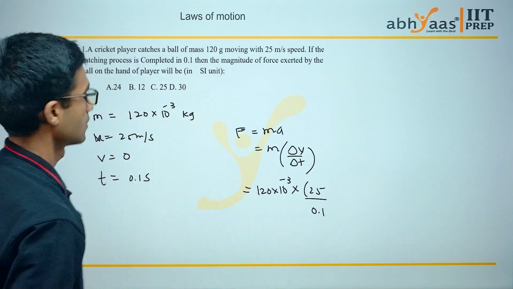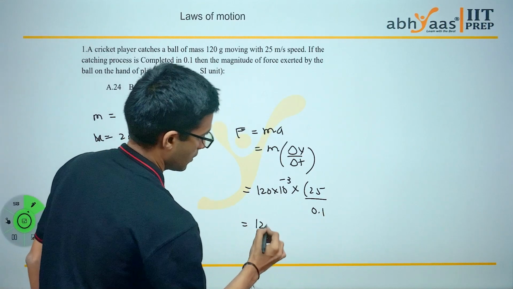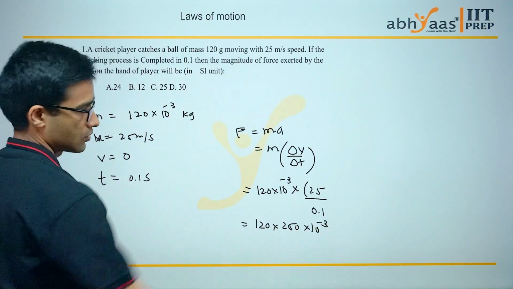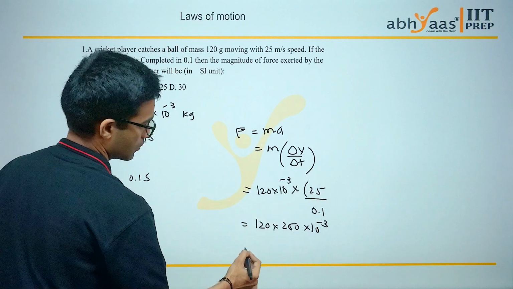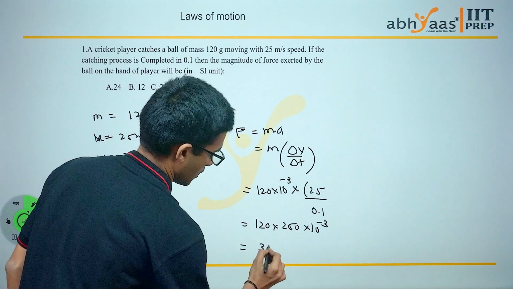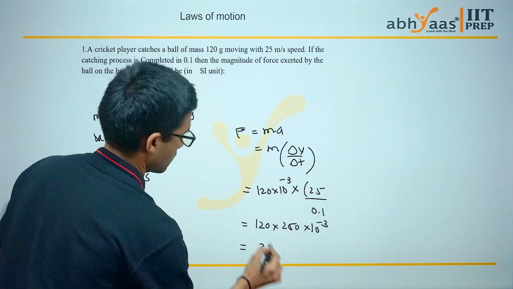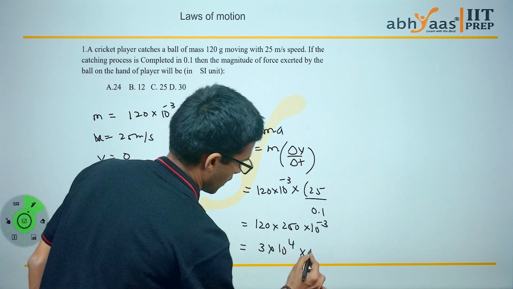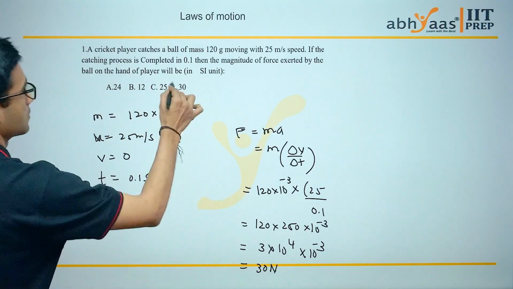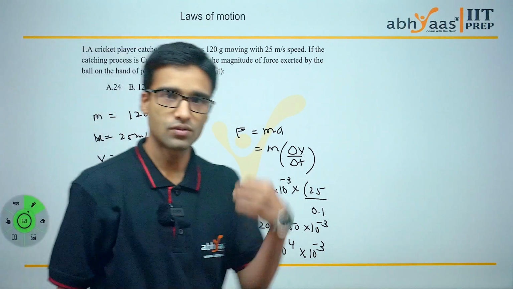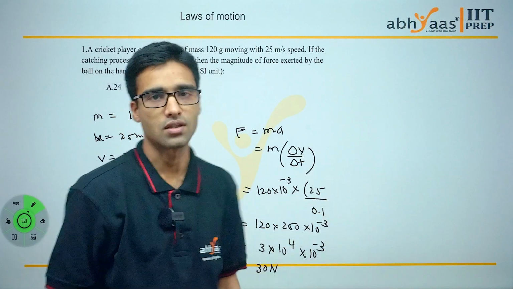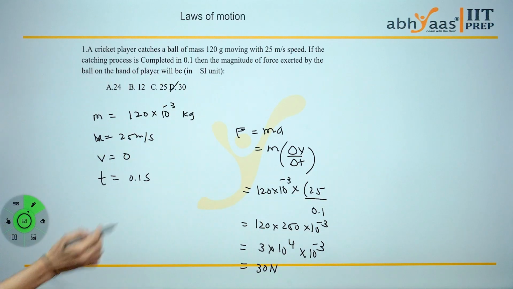So 25 by 0.1 is 250, and 120 into 10 power minus 3 into 250 gives 30 newtons. So directly you get this simple answer. It is just Newton's second law, F equal to ma, where acceleration is the rate of change of velocity. Very simple.